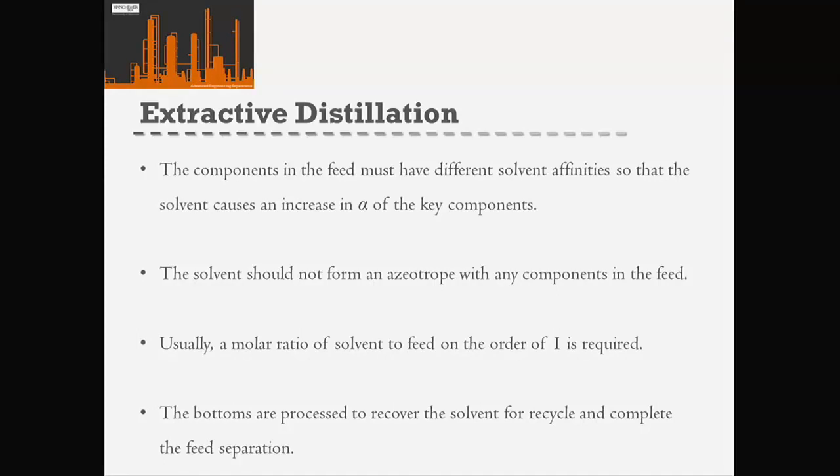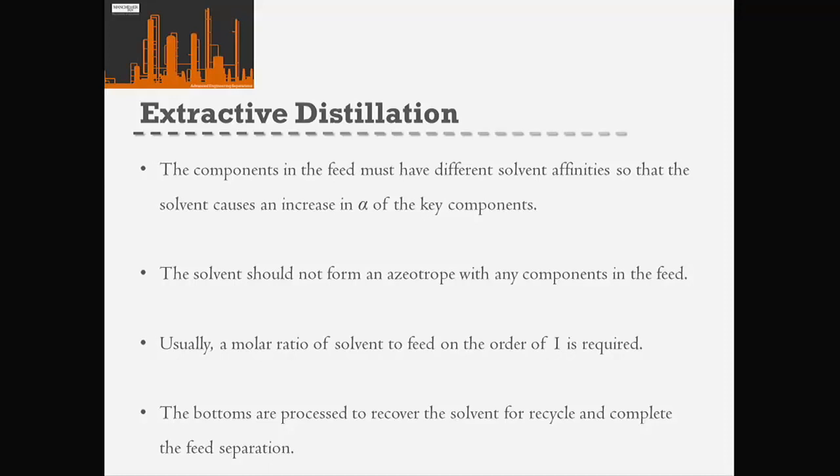And normally, for something like this, to actually have enough solvent to cause a big enough change in the vapor-liquid equilibrium of the two components we want to separate, we at least need a solvent ratio of the same order of magnitude as the flow rate of our feed going in.